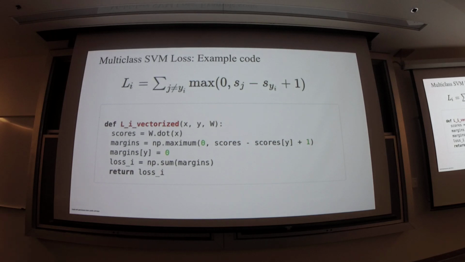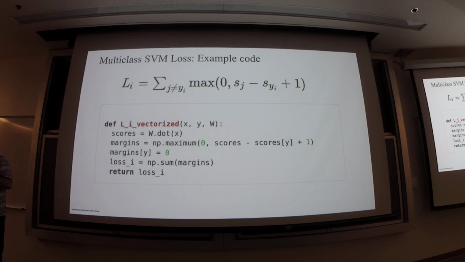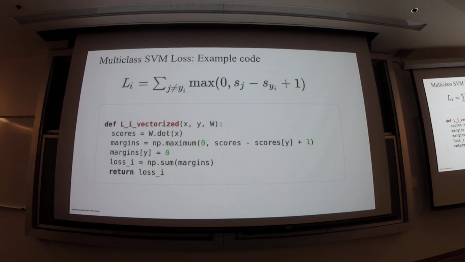Okay, turns out this is super easy to code up in Python. Hopefully many of you, if not all of you, especially after the homework, have familiarity with NumPy. NumPy is a standard numerical library in Python, and basically everything you want to do in numerical computation in Python is done using NumPy arrays.